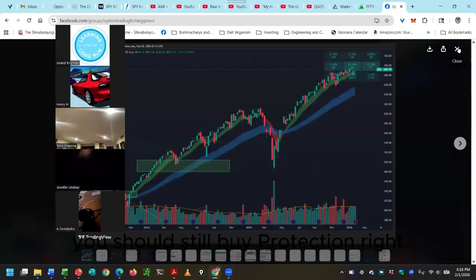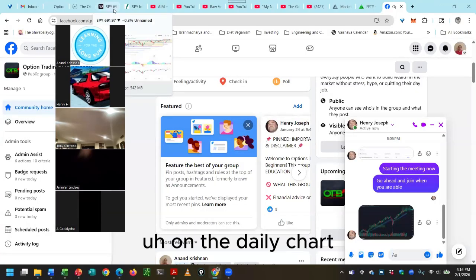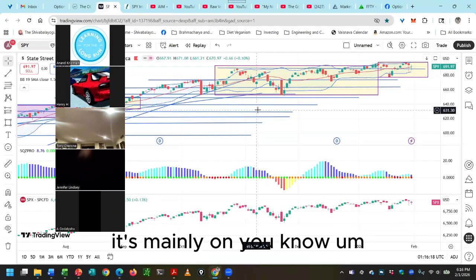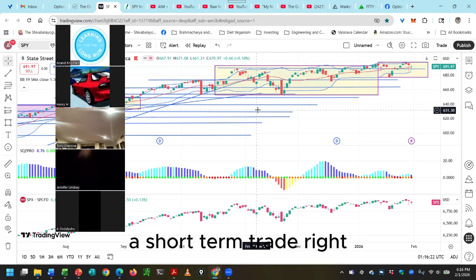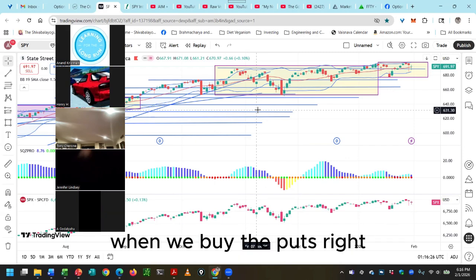Now, of course, you should still buy protection on the daily chart. When we buy protection, it's mainly a short-term trade. We do maybe a couple of weeks, maximum a month, when we buy the puts.